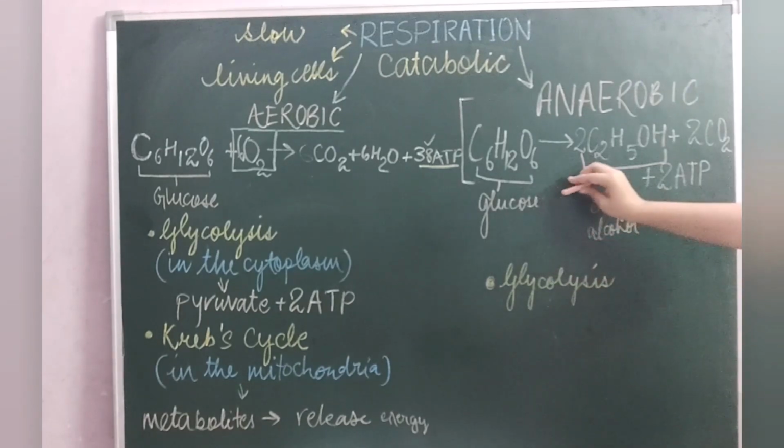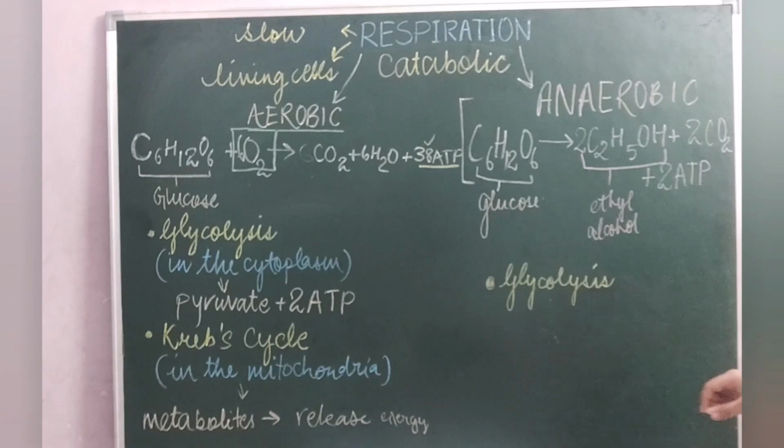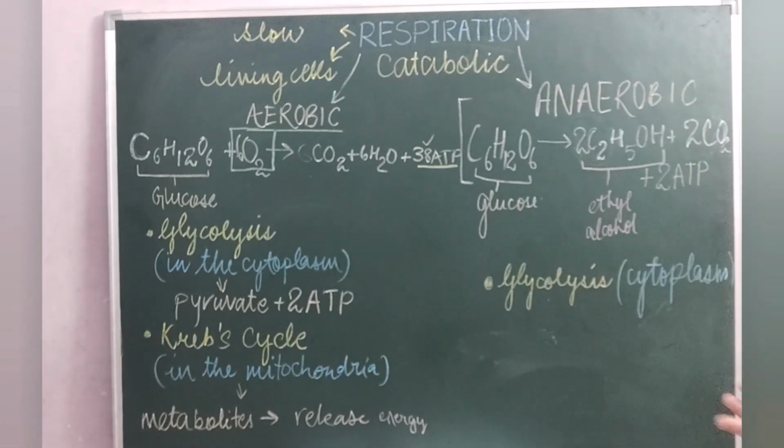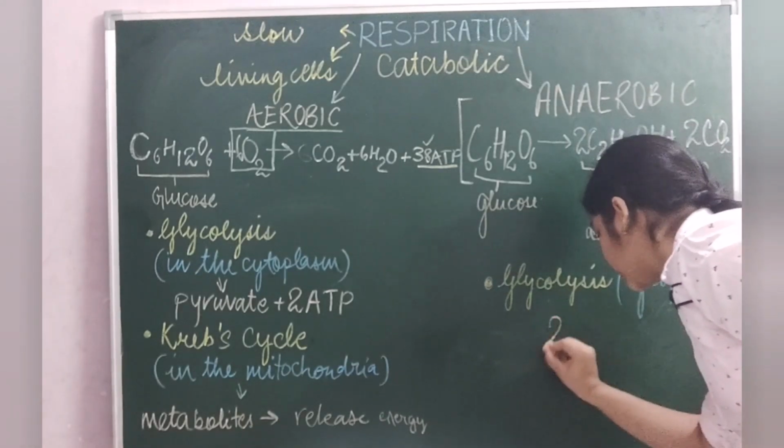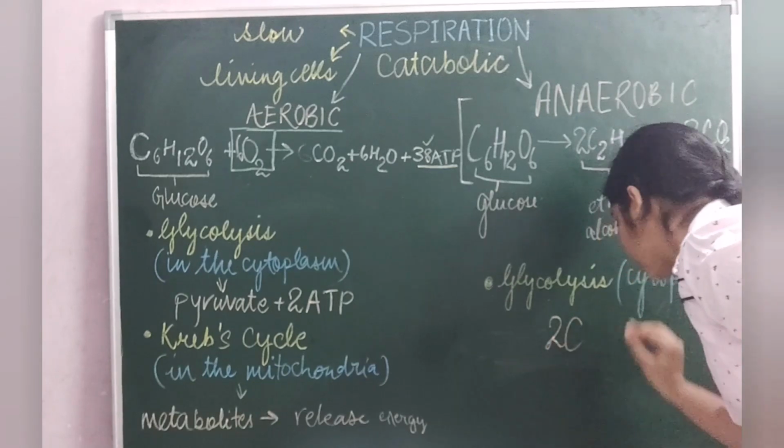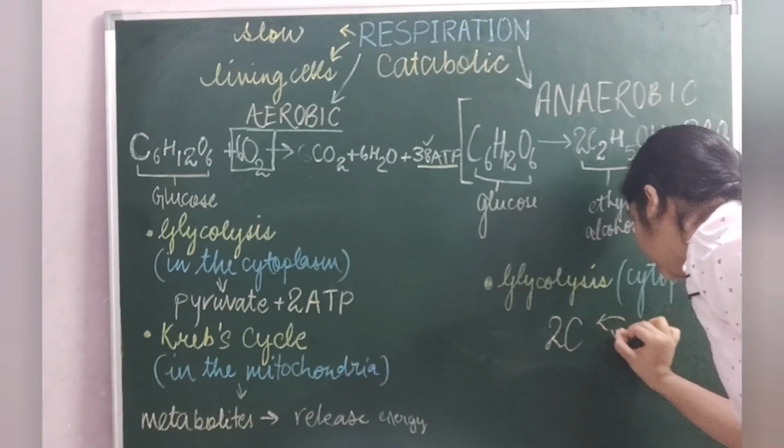So this will be converted to pyruvate along with 2 ATP. So when glucose goes through the glycolysis process, it is converted into pyruvic acid. Now pyruvic acid, you should know one thing, is a 3 carbon compound.